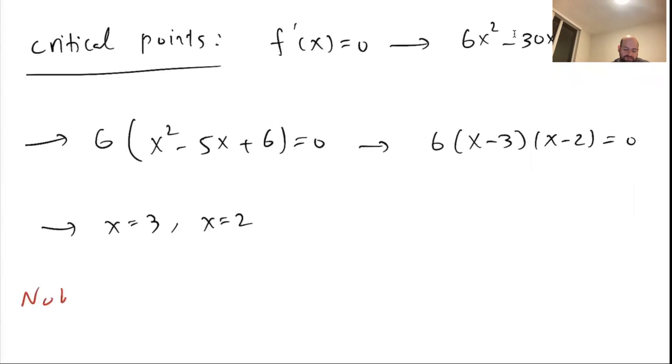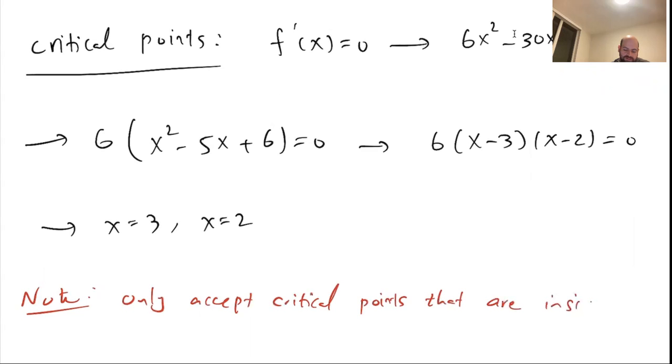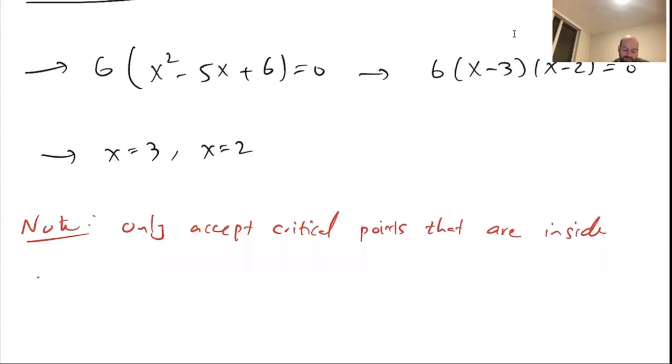Maybe I can write as a note: only accept critical points that are inside the interval 1 to 5, that are inside the domain. In this case, 1 to 5.